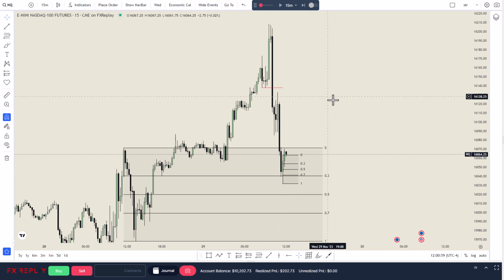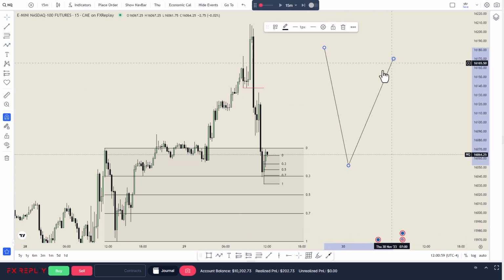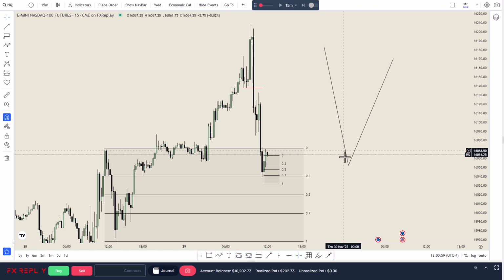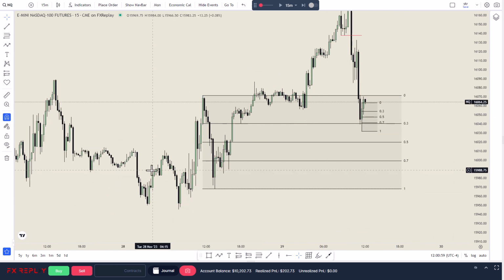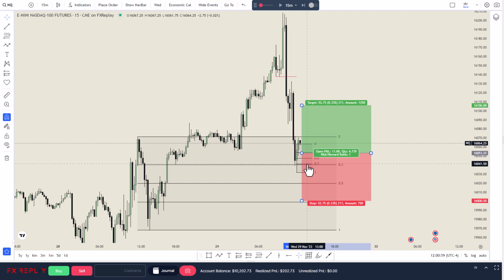V-shaped recovery is something like this basically. So a lot of times price will drop lower heavily and then will immediately reverse to the upside, especially on a higher time frame. If we are bullish on the higher time frame, I don't know that, but this could be the case. So I'm going to take my entry from the 30% as always.